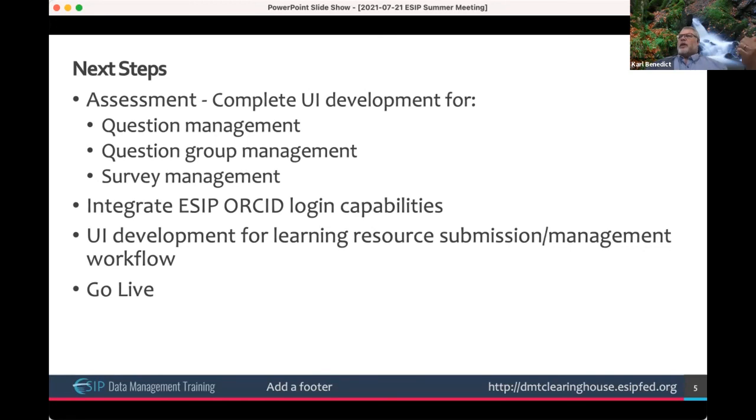So we're still working on the development of the question management, question group management, and survey management. Those are all capabilities that we're exposing through the web interface. Back to some of the comments that I was making during our discussion, we want to have strong customizability options for building surveys that meet particular needs.